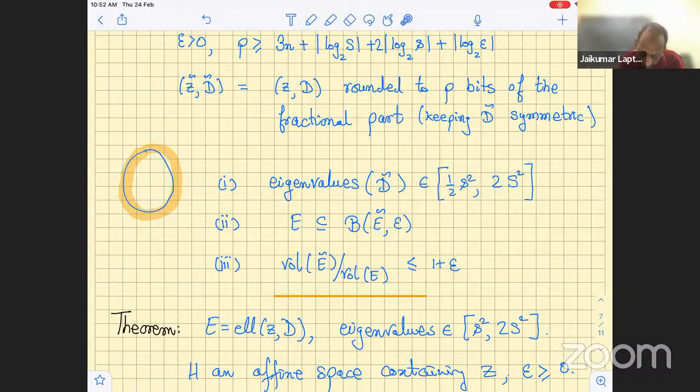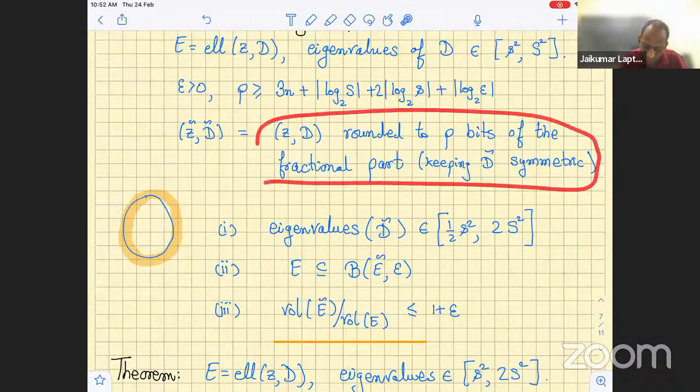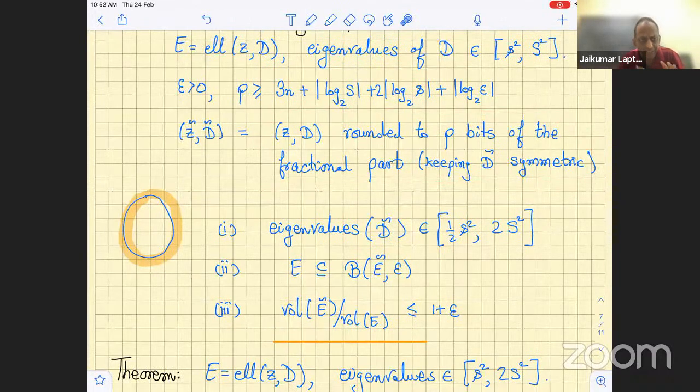The point is that this approximation doesn't make it too much bigger. So this epsilon we will choose to be much smaller than 1 over 2n plus 2, etc. So despite these approximations, the new ellipsoid that we construct, out of being lazy about our computations by rounding, will still stay in control. How this gets used, I'm not going to say.